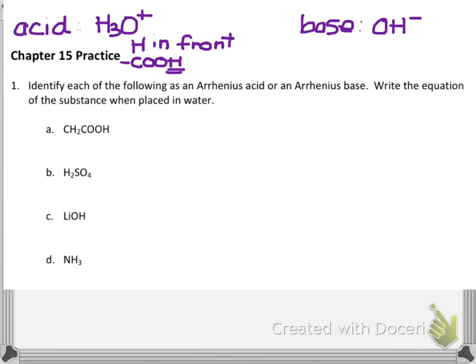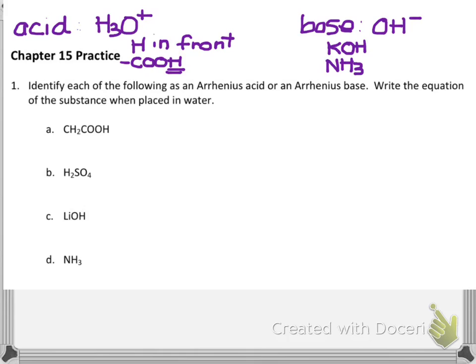Now, a base normally is a metal plus a hydroxide ion, so for example, a metal like potassium with hydroxide. And when that's placed in water, it dissociates. Other bases like ammonia can react with water to form hydroxide ions. So let's identify them first, and then we will write the reaction.